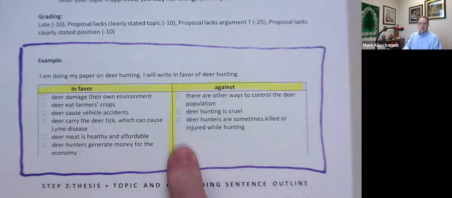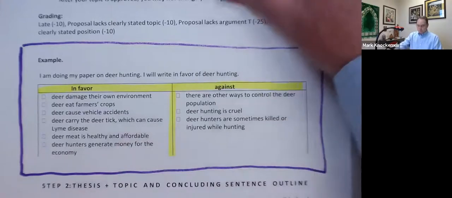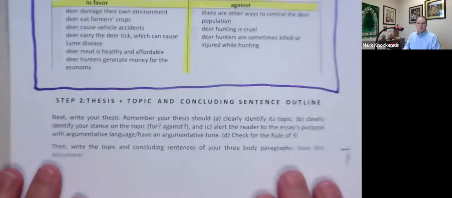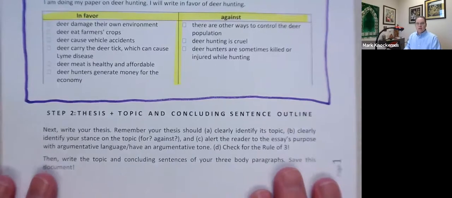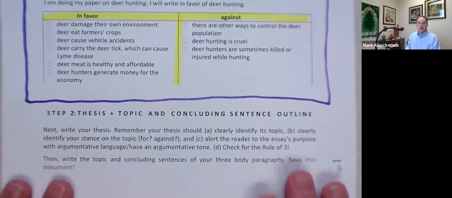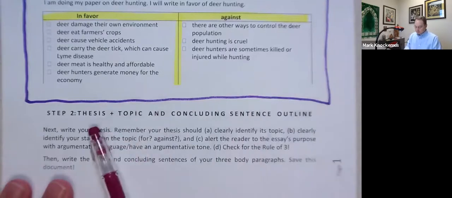After your topic proposal is approved, then move to step 2, which is writing your thesis statement and then generating an outline that consists of your topic and concluding sentences. Why do you want to have this so early in the process?